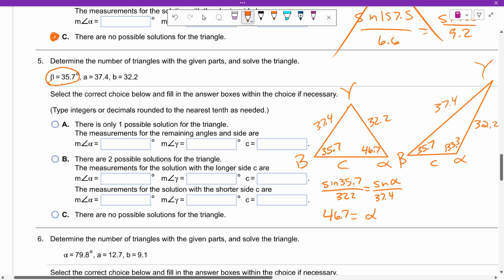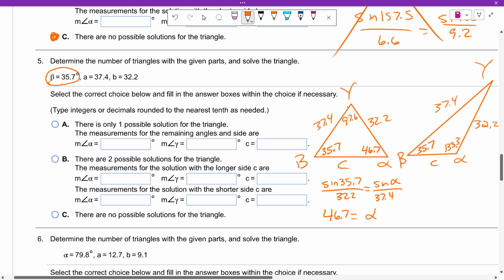Okay. Now, what we do is we take 180 minus these two to get angle gamma. So 35.7 plus 46.7 is 82.4, which leaves us with 97.6.